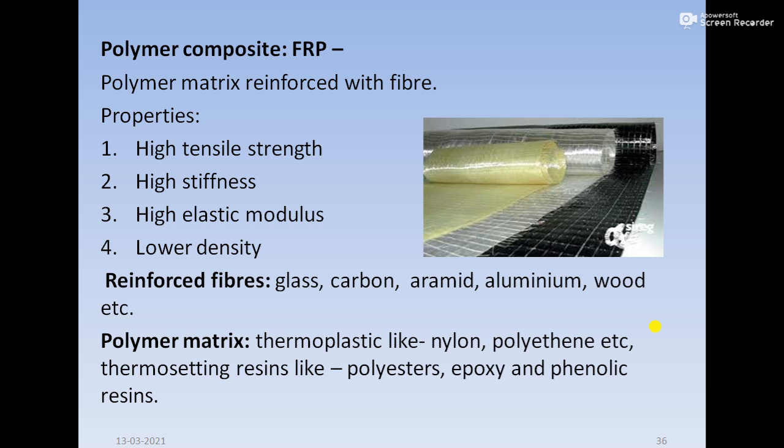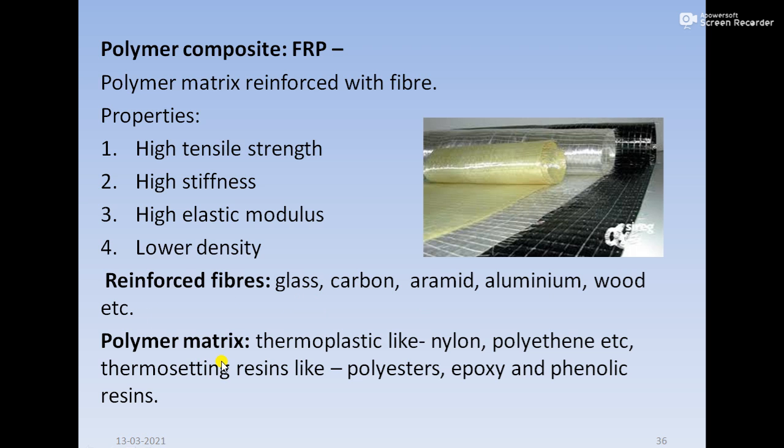Then next is FRP, that is fiber reinforced plastic. So what are the properties? So polymer is having high tensile strength, high stiffness, high elastic modulus, lower density. So those are the properties of FRP. What can be reinforced? We can reinforce glass fibers, carbon fibers, aramid fibers, aluminium, wood fibers.